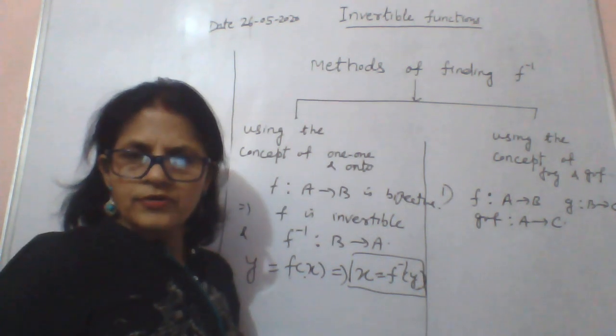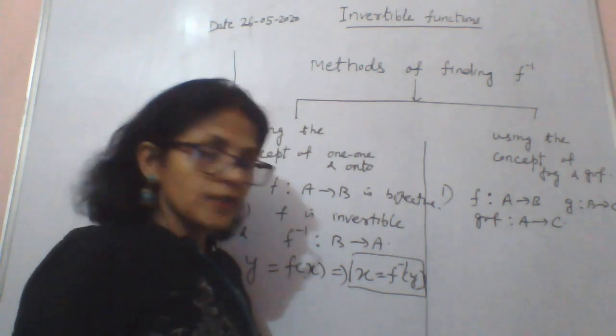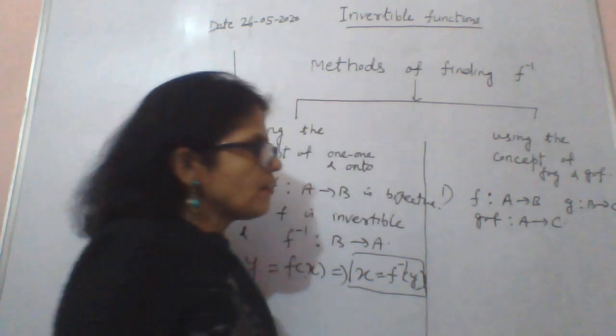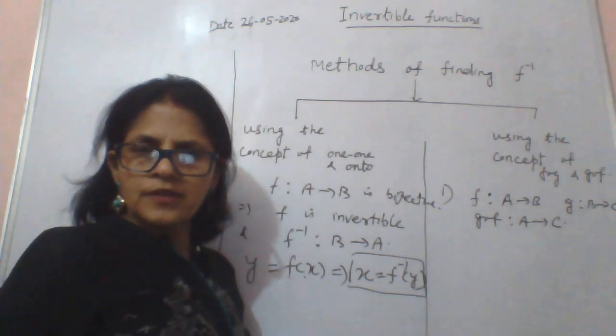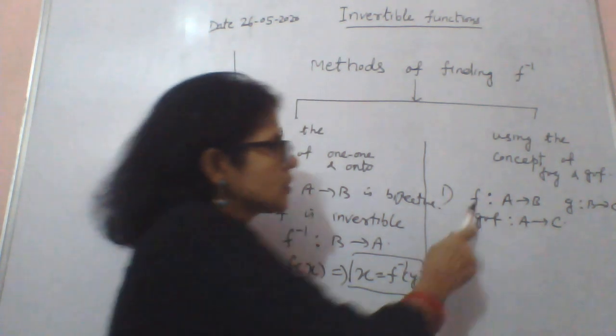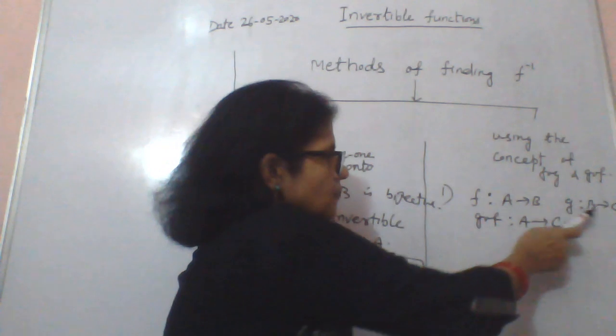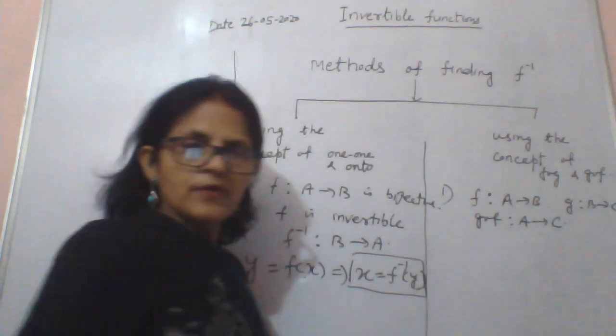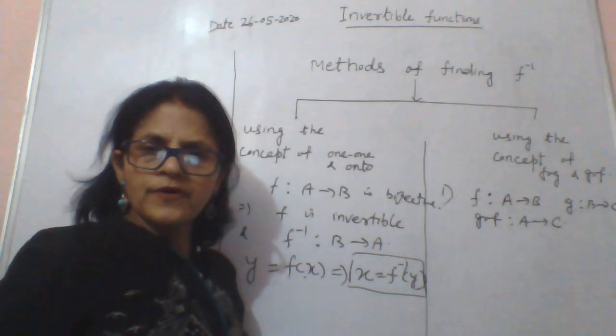Also we have studied properties of composite functions. If both f and g are 1-1, then g of f will also be 1-1. Similarly, if both f from A to B and g from B to C are onto functions, then g of f will also be an onto function.